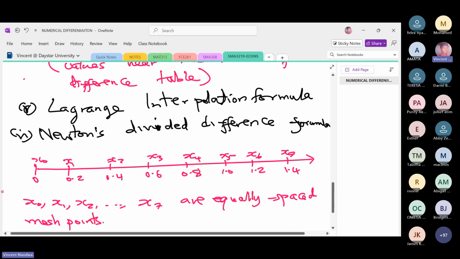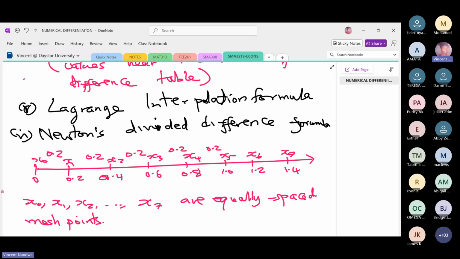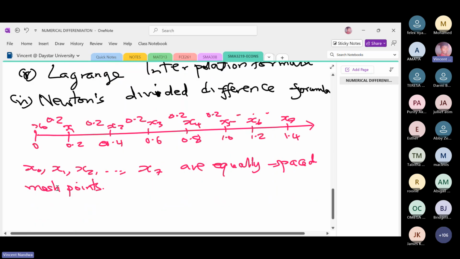Because the difference between any consecutive values of xi's is uniform. And in this case, it would be 0.2. So when you see that this difference here is 0.2, this is 0.2, this is 0.2, 0.2, 0.2, etc. In such a case, we call them equally spaced mesh points.